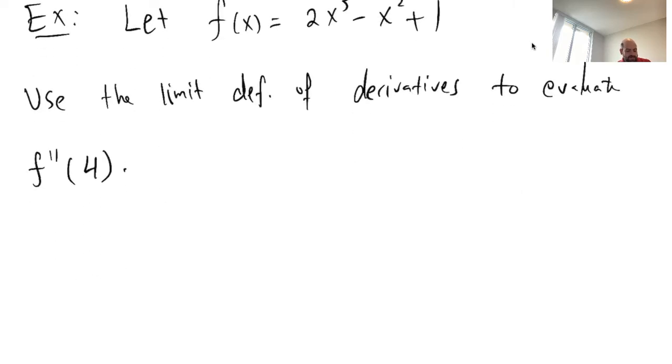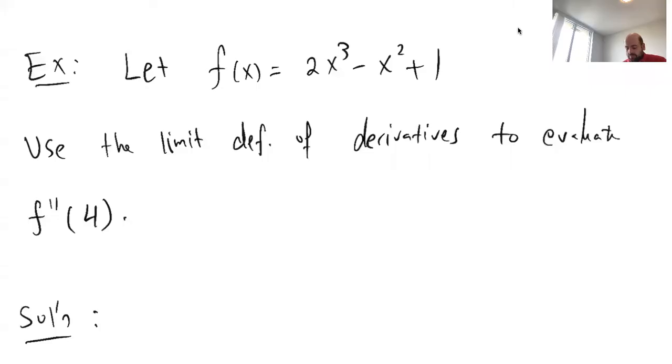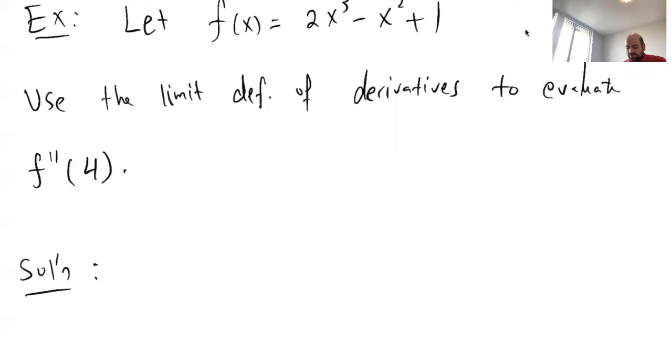So what is f double prime of 4? Let's look at the solution. First we need the function f prime of x, because we know f double prime is the derivative of f prime. So first, we will find f prime of x.